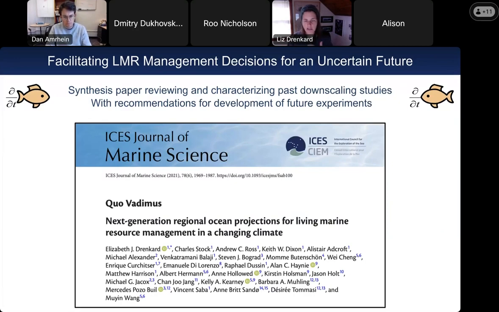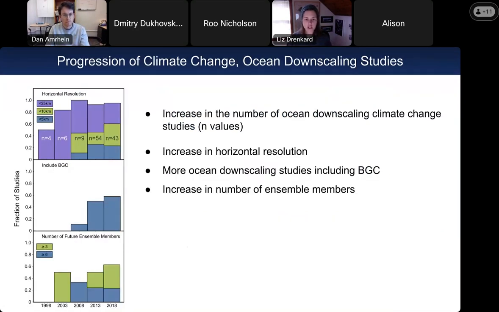Just to broadly go over what we covered, we looked at the historical trend in downscaling studies, specifically climate change ocean downscaling studies. We're finding there are more studies and more models being used over time, more studies using BGC, recognizing the importance of biogeochemistry in interpreting implications for marine resources, and more ensemble members.